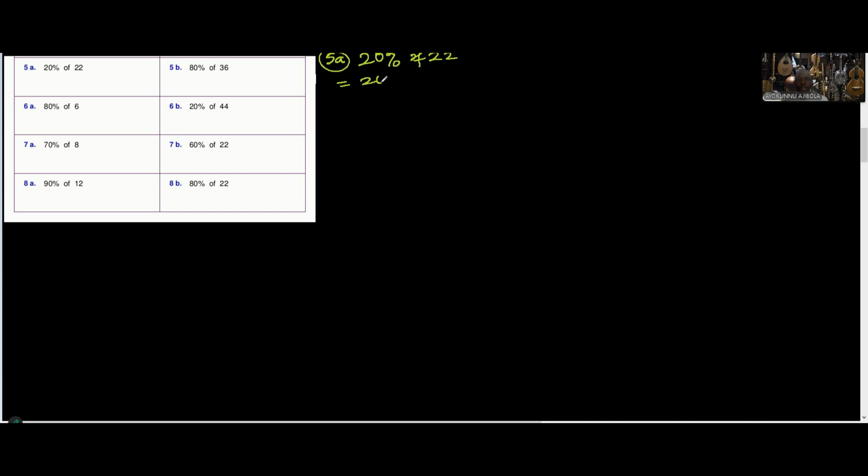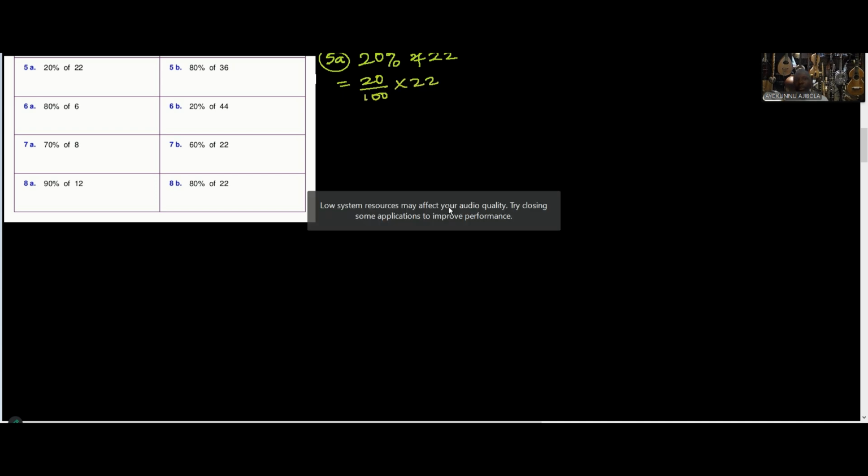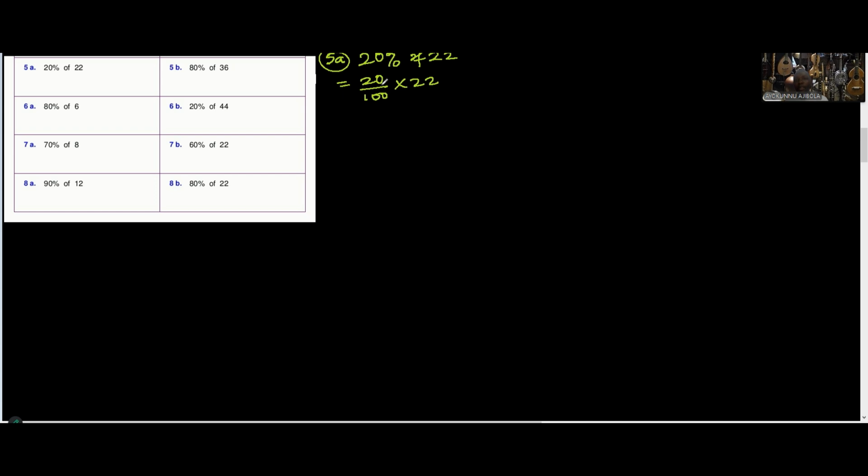So this is 20 divided by 100 times 22. Then you can say 0 cancel 0. Then you can still divide by 2, here 1, here 5. And this will be 22 divided by 5. Is that clear? Yes.